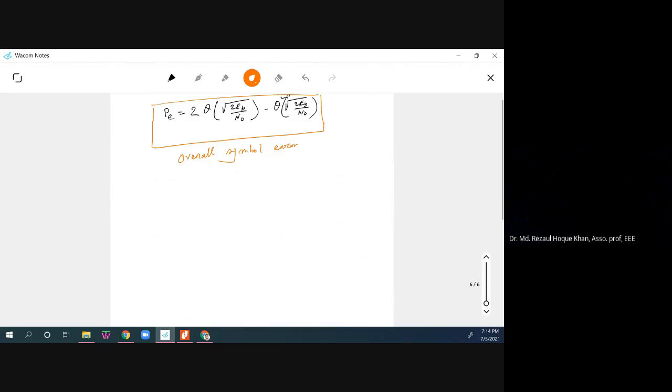We'll make a little modification here, a simplification.